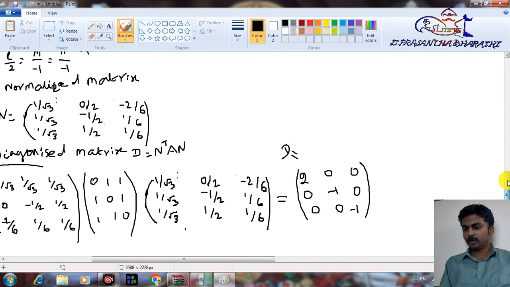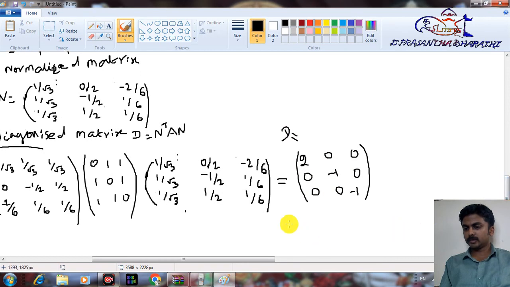So now we want to write the canonical form. For writing the canonical form, I am making use of the place available here.